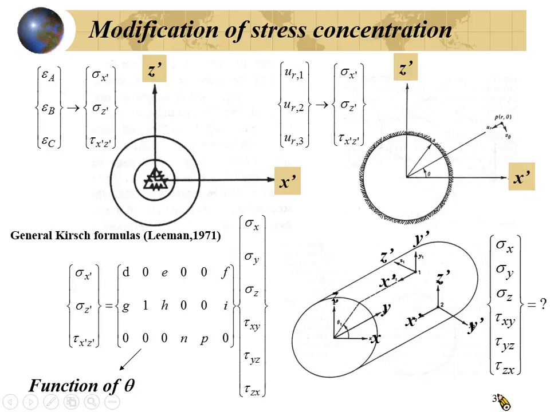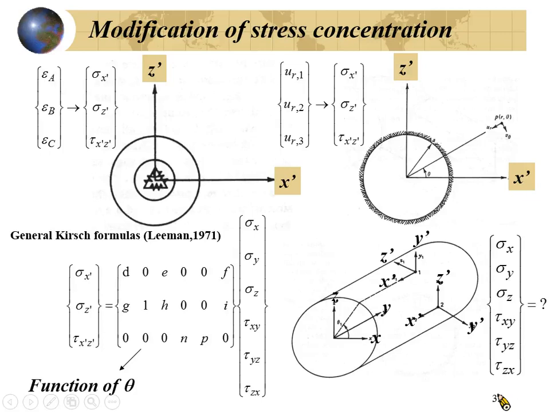So they have this relation. This will be an analytical solution. All of these variables will be functions of theta. What is theta? Theta will be this. Okay? For example, at the tunnel wall, theta equals 0, and in the roof, theta equals 90.